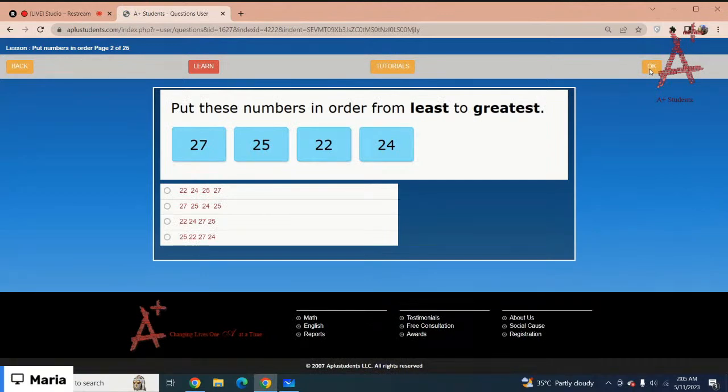Okay, the next one is put these numbers in order from least to greatest: 27, 25, 22 and 24. You have to write down the number that would be the least one, the smallest number. Which number is the smallest one out of the four numbers?